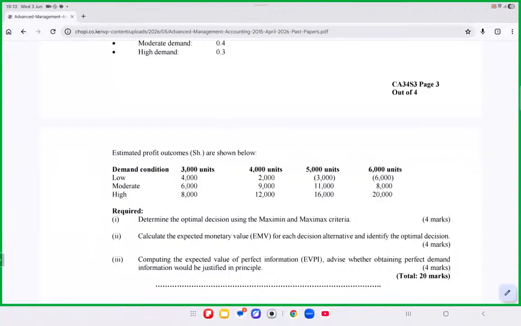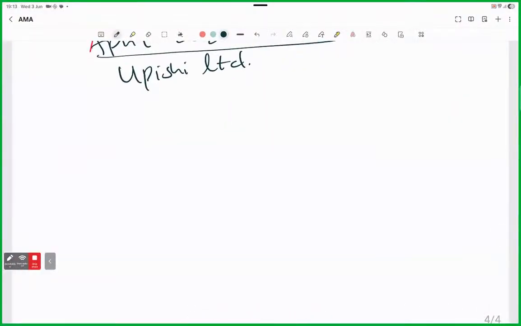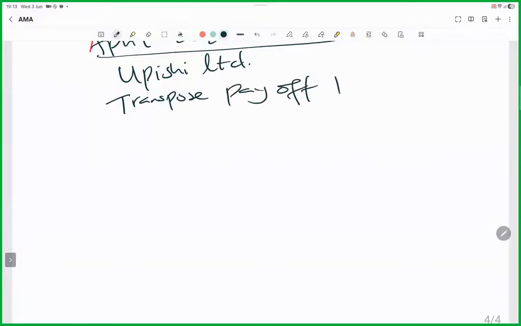Yeah, that is the best thing you should have done first. So please master this. I'm transposing this entire table now. So transpose the payoff table. Transposing means what? Changing rows to become columns.